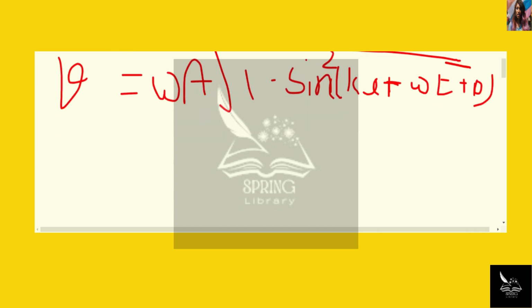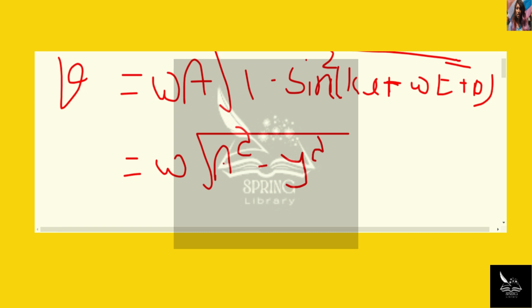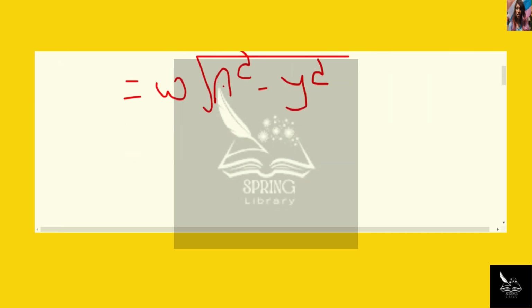By solving this, we will be able to get v is equal to omega times the square root of A square minus y square, because y is equal to A sin(kx plus omega t plus phi).